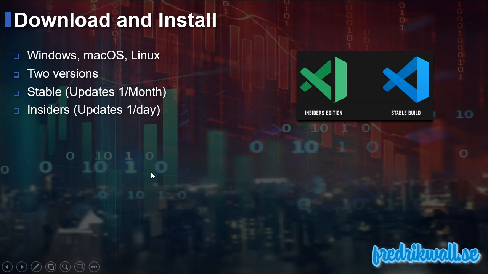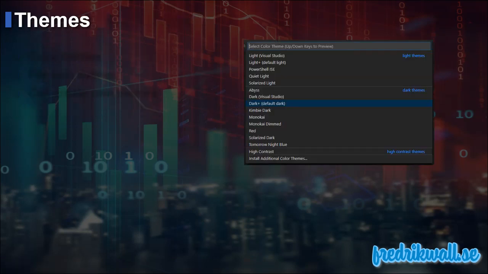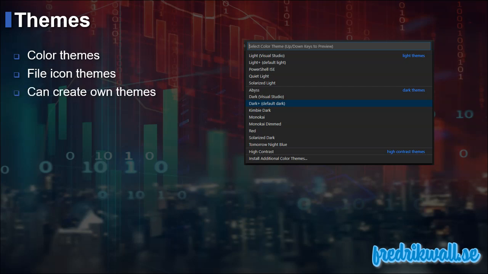Now I will go on to the next chapter and talk about themes. In Visual Studio Code we have color themes, and we have file icon themes, and we can create our own themes.